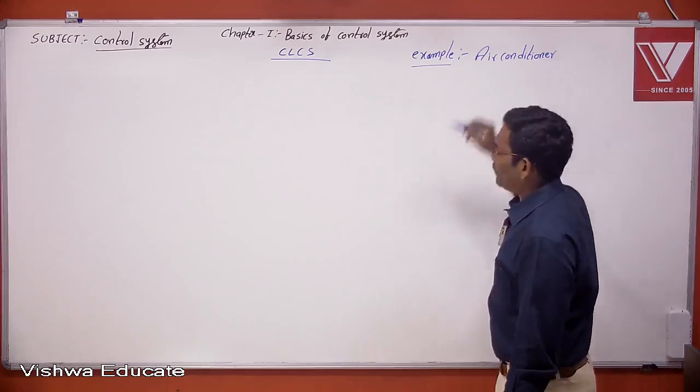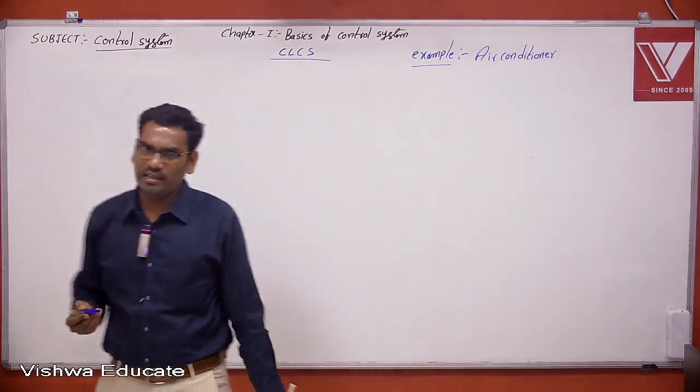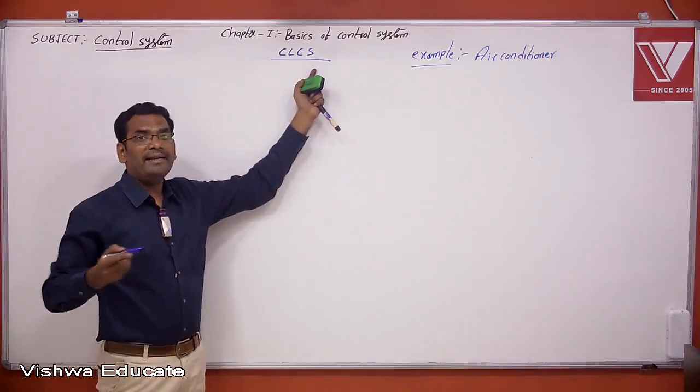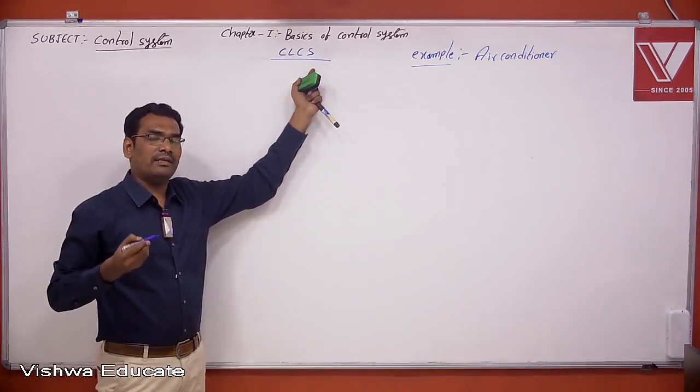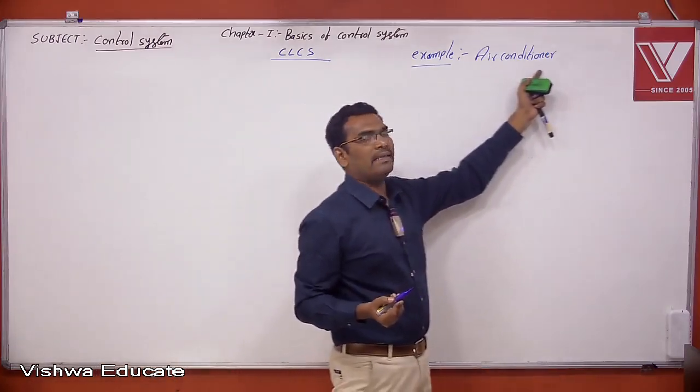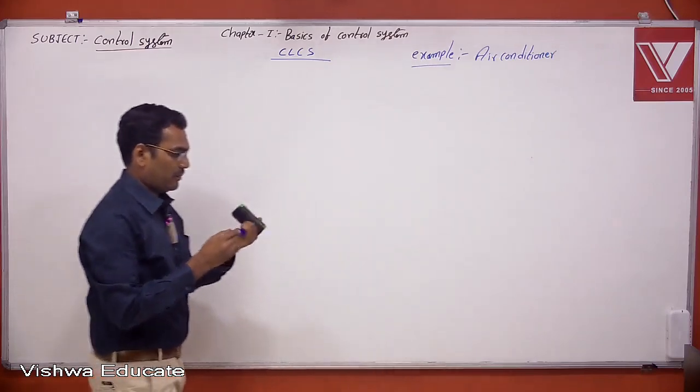We are all familiar with the air conditioner operation and everything. I take that example and we will try to build up the block diagram, features, explanation, definitions and everything with the example of the air conditioner.